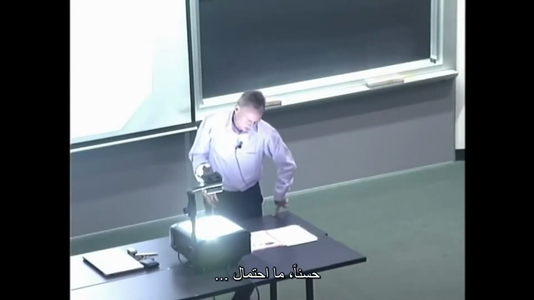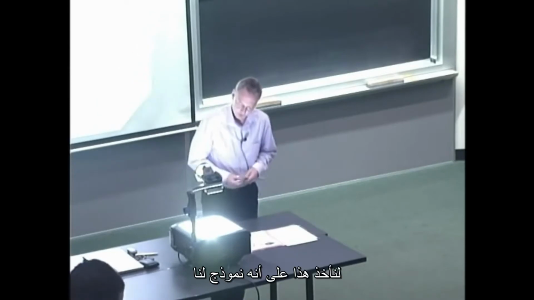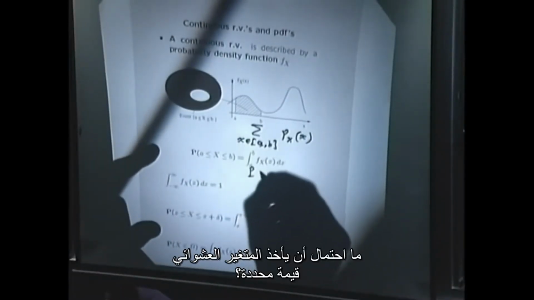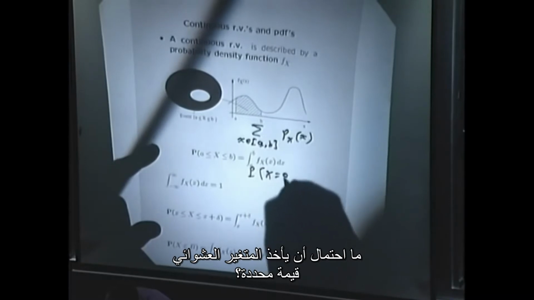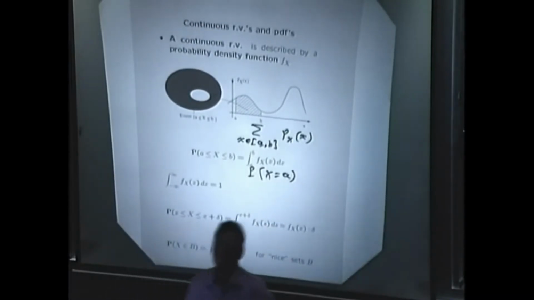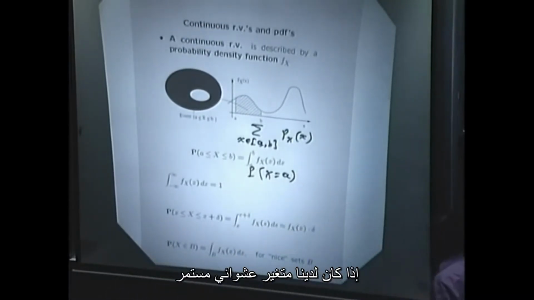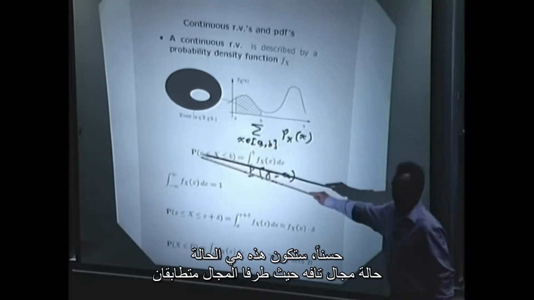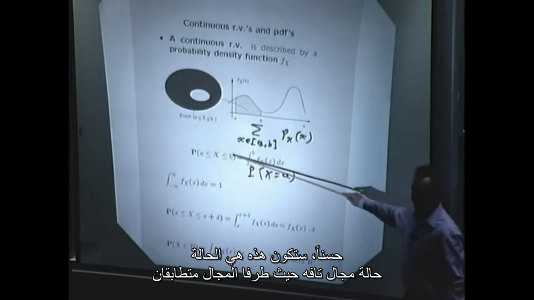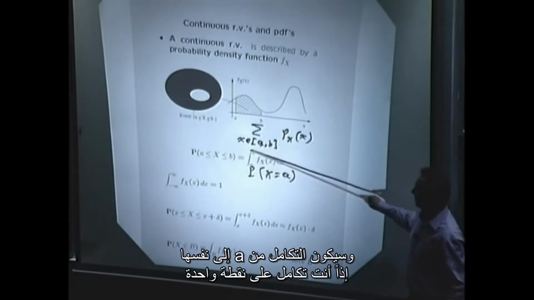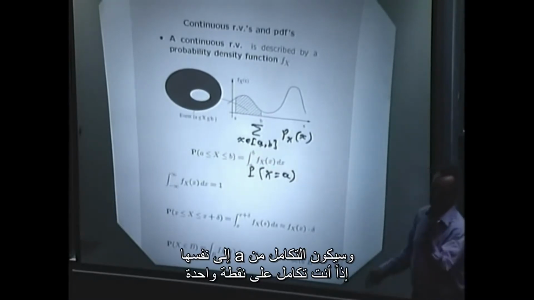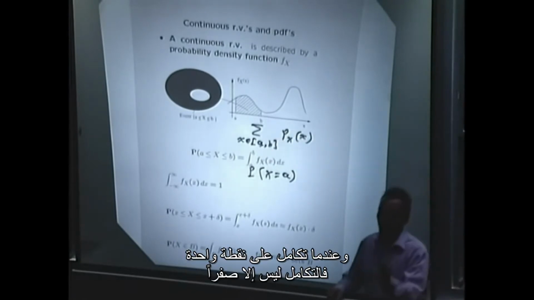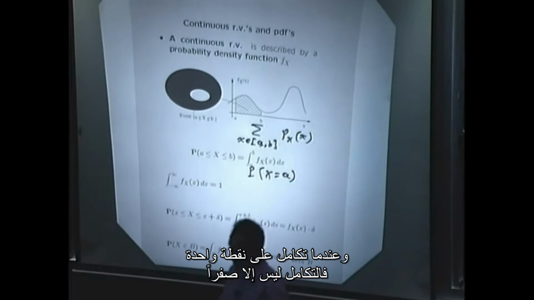Okay, so let's take this now as our model. What is the probability that the random variable takes a specific value if we have a continuous random variable? Well, this would be the case of a trivial interval where the two endpoints coincide. So it would be the integral from a to itself. So you're integrating just over a single point. Now, when you integrate over a single point, the integral is just 0.